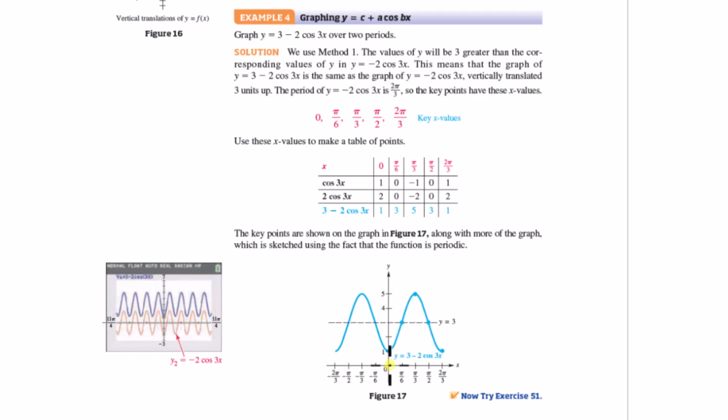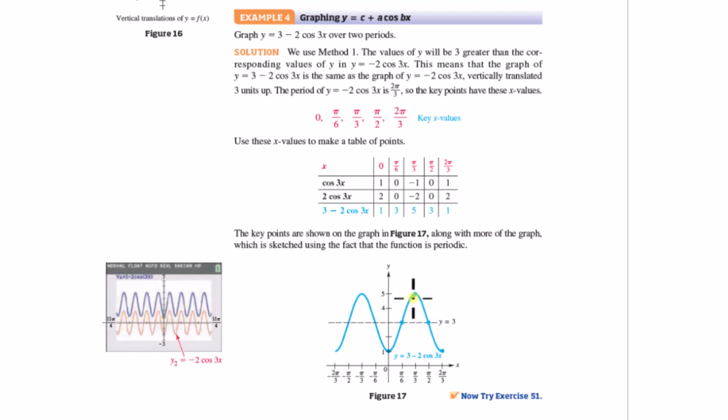The amplitude has been scaled up by 2, and then it's been flipped. But the vertical shift doesn't change the period, the frequency, or the angular frequency, right? And it doesn't affect the phase shift, obviously. That's intimately related to the horizontal shift. But it doesn't change the amplitude either.